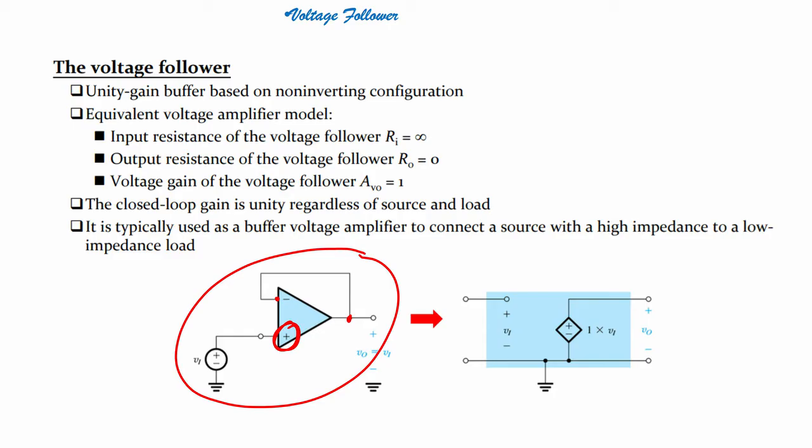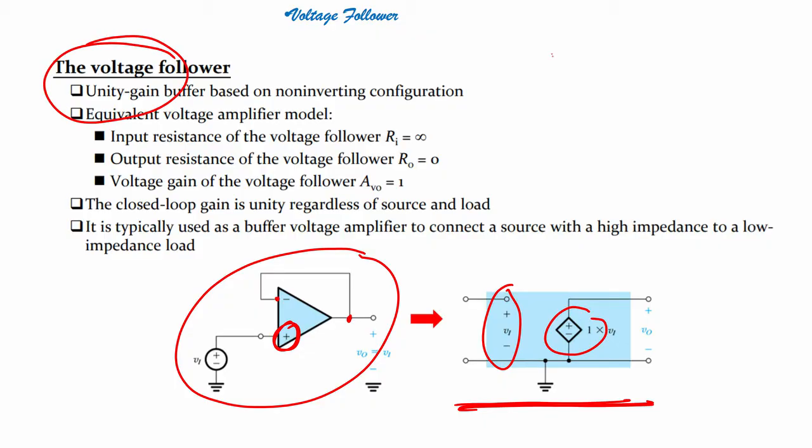If I make an equivalent voltage amplifier model, how can I use it? You can see that the input resistance of the voltage follower is infinite, and the output resistance is 0. The voltage gain is unity, which is why it is called unity gain.